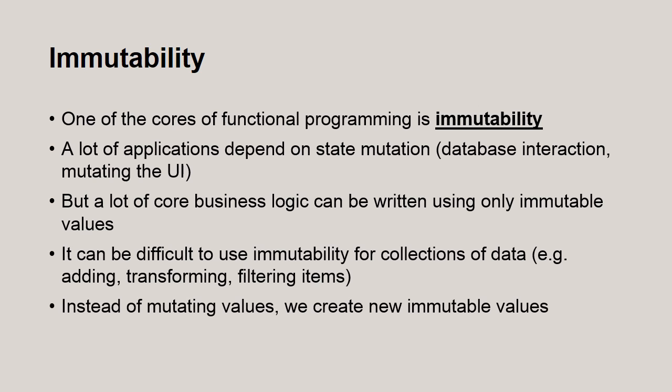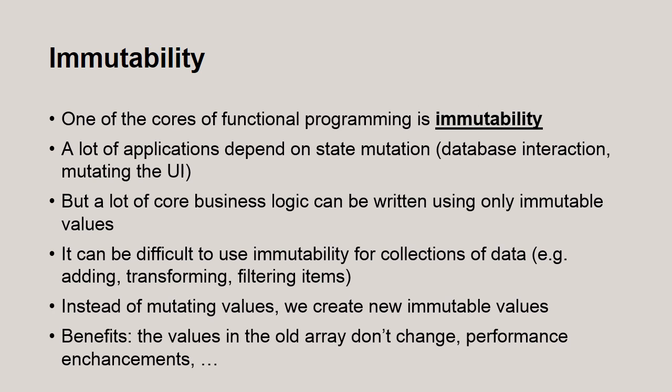In Swift, instead of mutating a variable or its value, you create a new immutable value by using the old value. Consider the benefit you get from using an immutable array. If you create a new immutable array based on the values in the old immutable array, you can be sure that the values in the old array won't change.